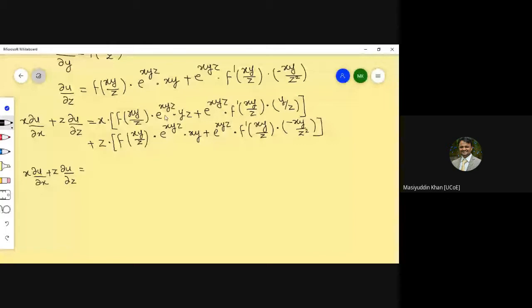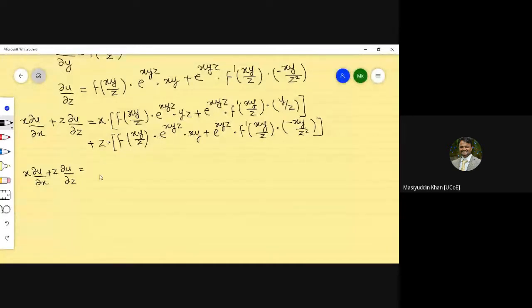Similarly, when I have to multiply z here, I will get what? xyz into e raised to xyz. मतलब xyz और f of xy by z, ये टू टाइम्स है आपके लिए यहाँ पे, ये एक्स वाई जेड, ये भी एक्स वाई जेड आपके पास है, मतलब ये दोनों वन टाइम्स प्लस वन टाइम दैट इज इक्वल टू टू टाइम्स. सो आई हैव टू ऐड दिस टू टर्म्स.